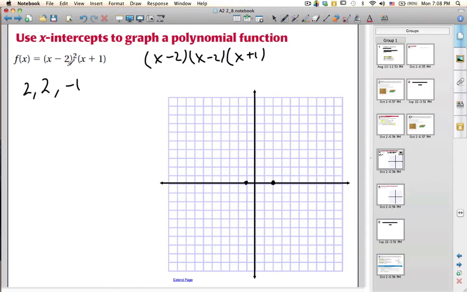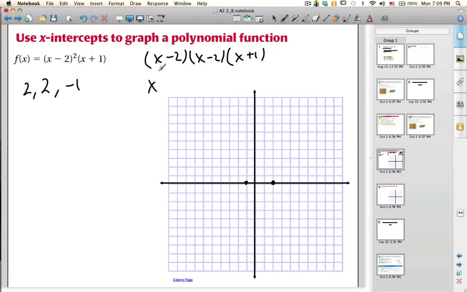Okay, and I also know that this is squared. So when you have a repeated solution, it does something special on the graph. A repeated real solution actually is a local maximum or a local minimum. If I were to multiply this out, I'm not going to, but if I were to multiply this out, you can see my leading term would be x times x times x.